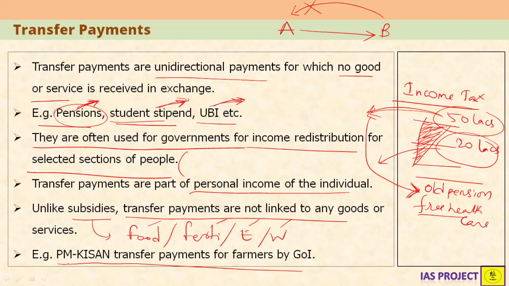Under the PM Kisan or Kisan Samman Nidhi scheme, government is paying 6,000 rupees per annum to farmers in 3 installments. This is an unconditional payment to farmers. So this amount, 6,000 rupees, is not linked to any goods or services like food, fertilizers, electricity or water or anything else. So this is called a transfer payment and not a subsidy.